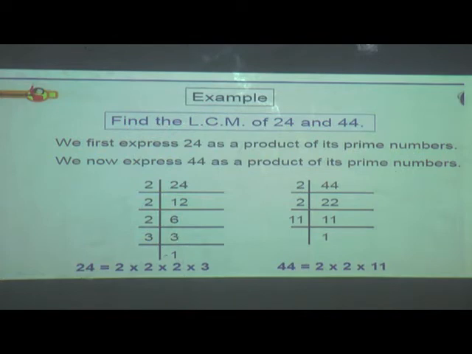So the prime factors of 24 are 2 into 2 into 2 into 3.